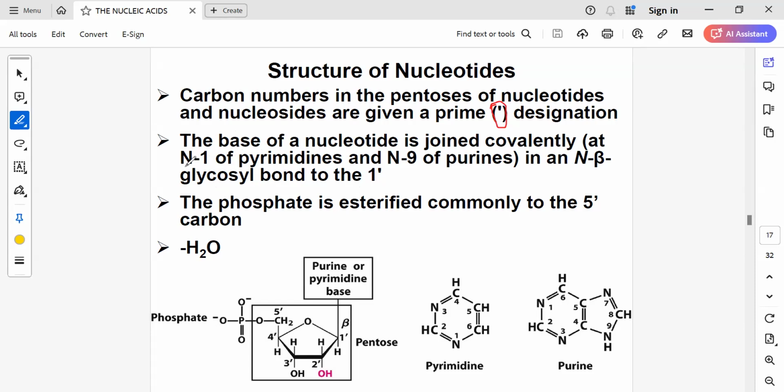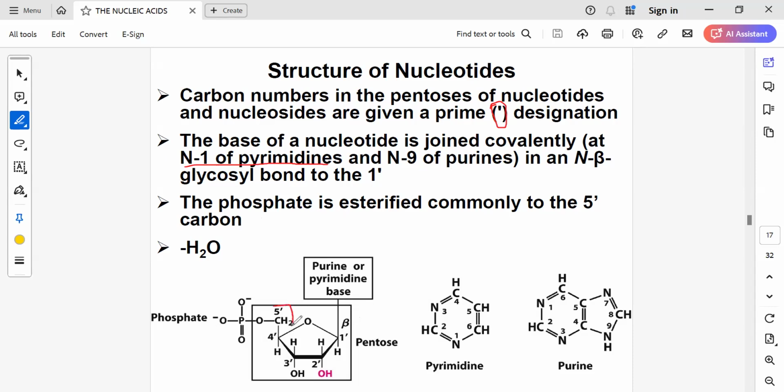The N1, that is nitrogen 1 of pyrimidines, forms a glycosyl bond with the 1 prime of the sugar, while nitrogen 9 of purines also forms a glycosyl bond with the 1 prime of the sugar. The phosphate is esterified commonly to the 5 prime carbon.